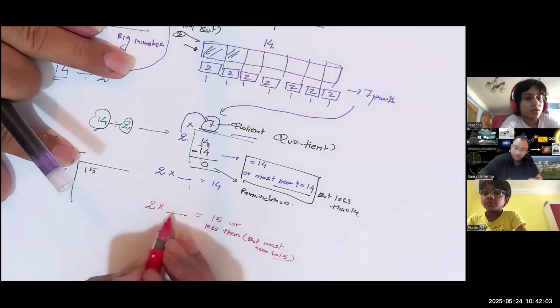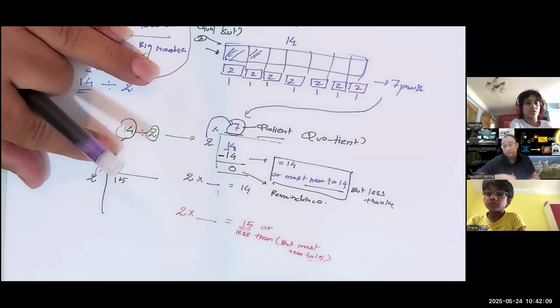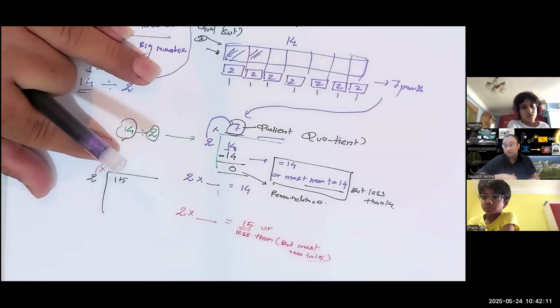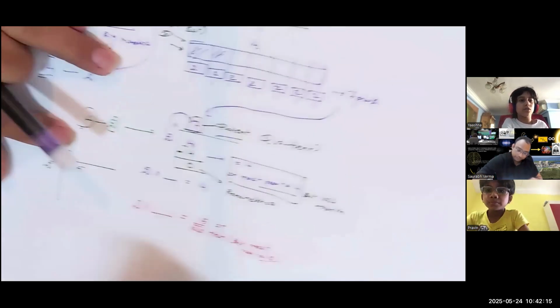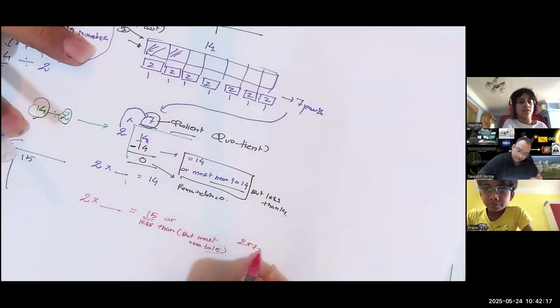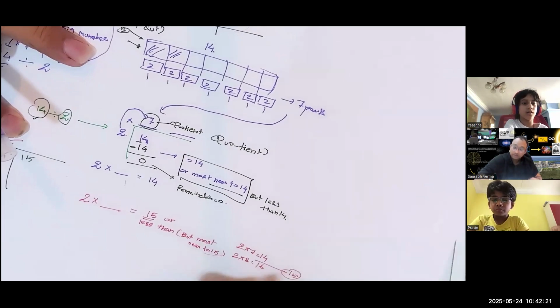So what should I multiply? I'm looking for 15 in the times table of 2, but the table of 2 doesn't have 15. 14 is there. 2 times 8 will be 16, right?